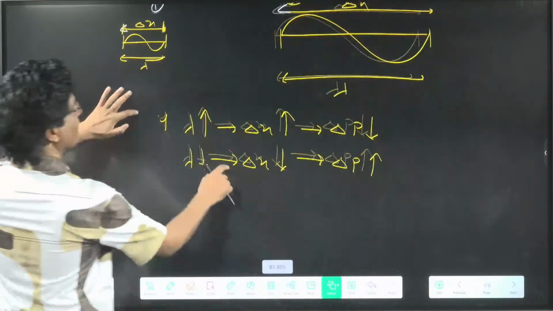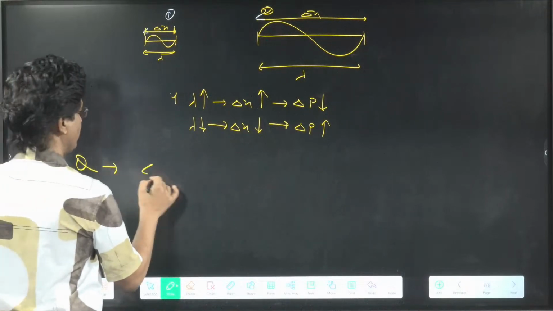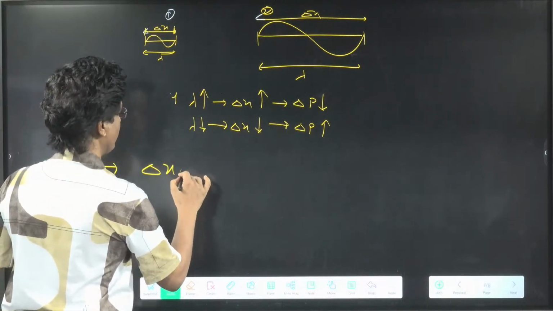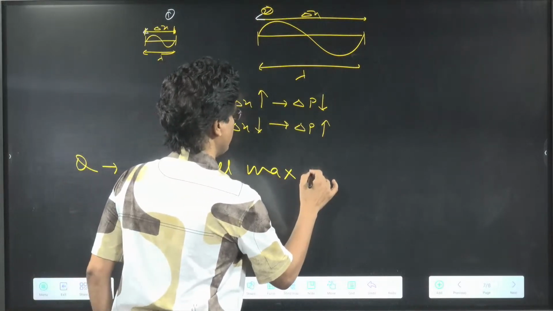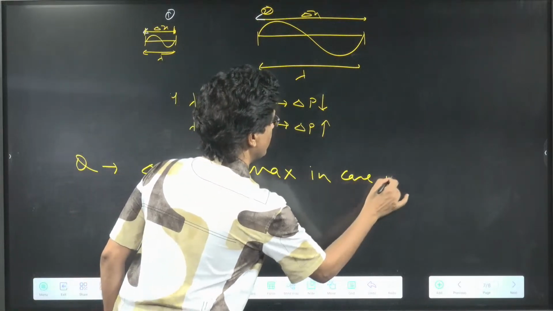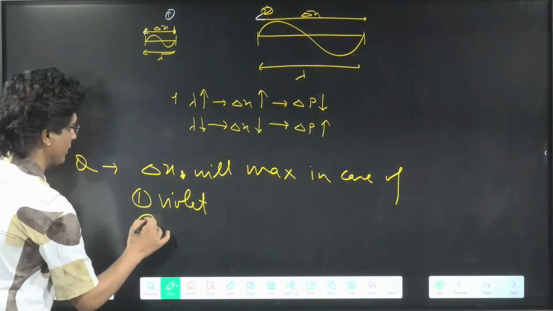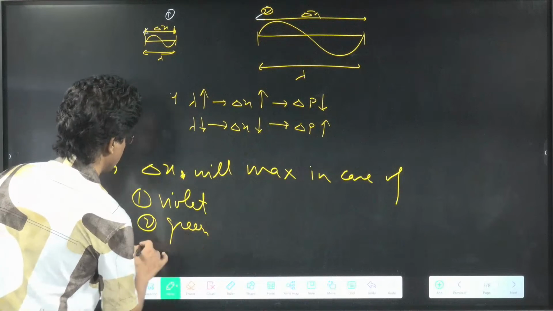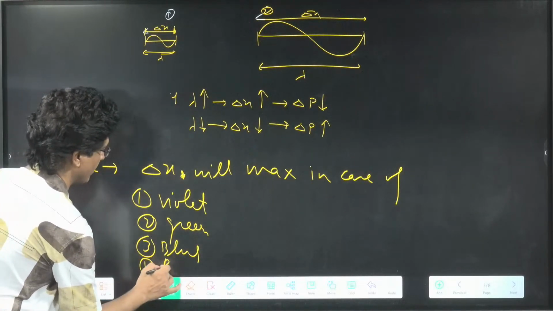The question says, delta x will be maximum in case of: first, violet light; second, green light; third, blue light; fourth, red light.